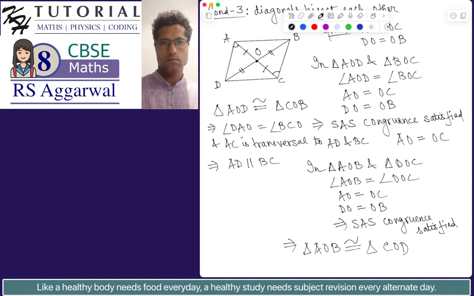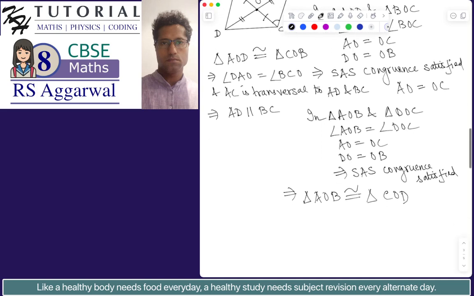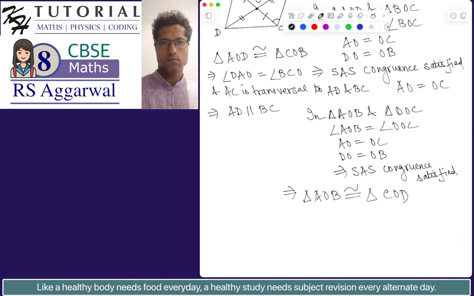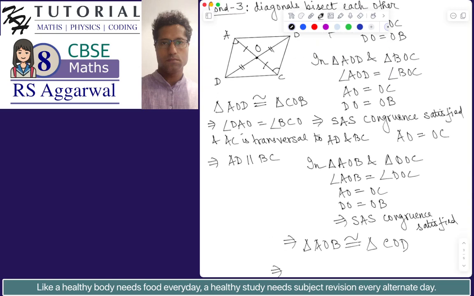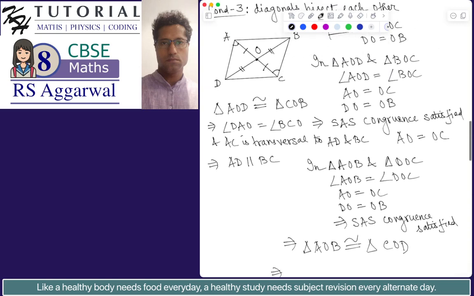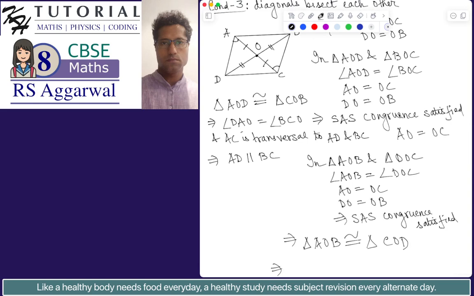So let me check. AO is equal to CO, OB is equal to OD, and DC is equal to AB. From this congruence relation, we can say that the corresponding angles will also be equal.